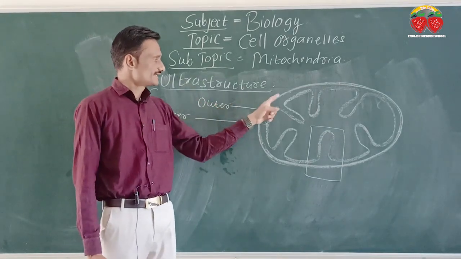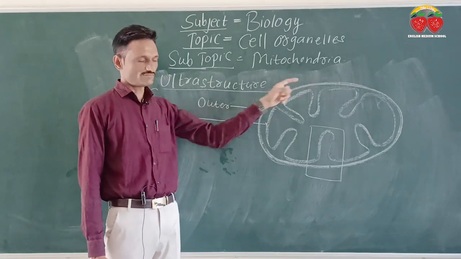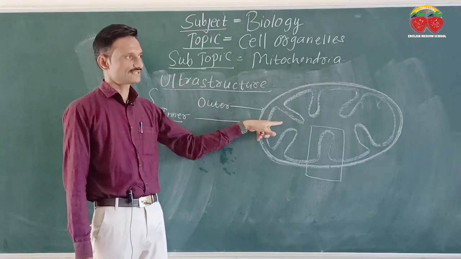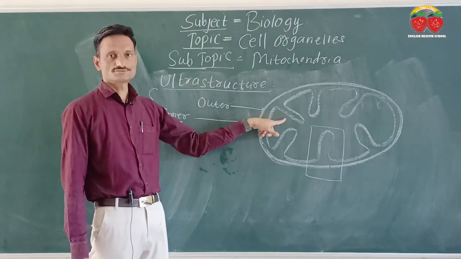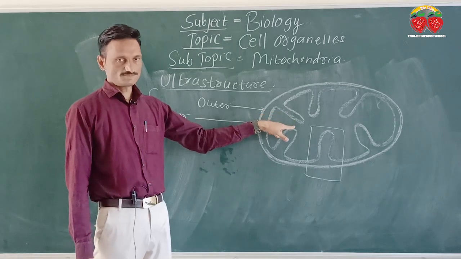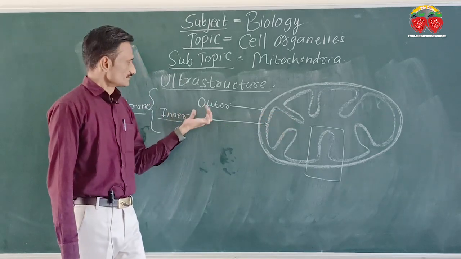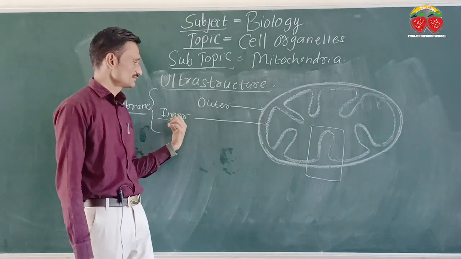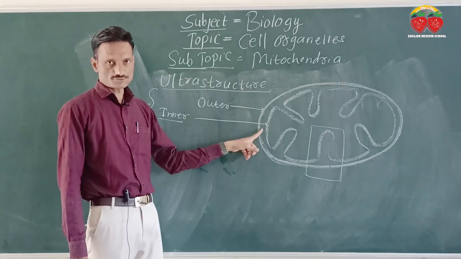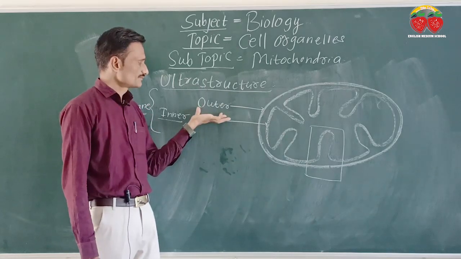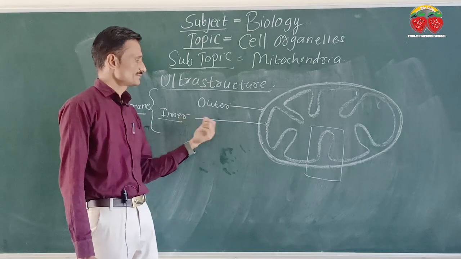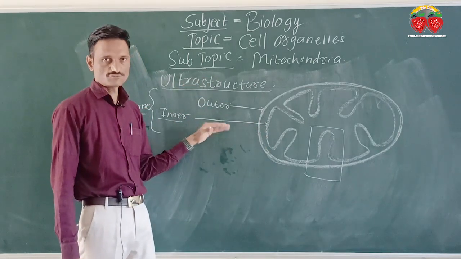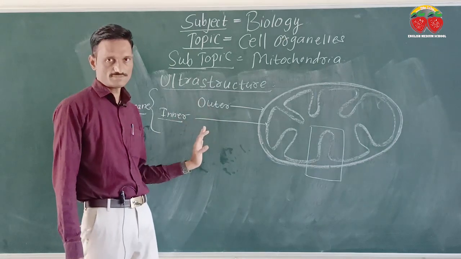The outer membrane has fewer enzymes while the inner membrane has maximum enzymes, which contribute to the oxidation of substrate. The outer membrane has fewer proteins while the inner membrane has a number of carrier proteins. The outer membrane has more lipids while the inner membrane has less lipids. These are the differences between the outer and inner membrane of mitochondria.